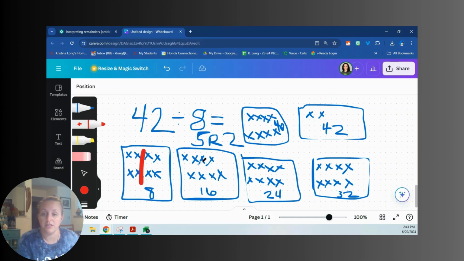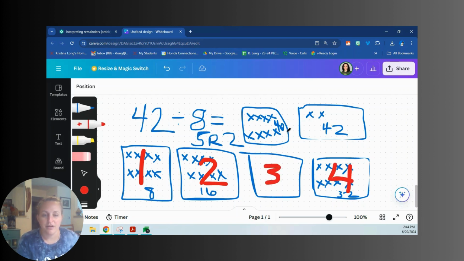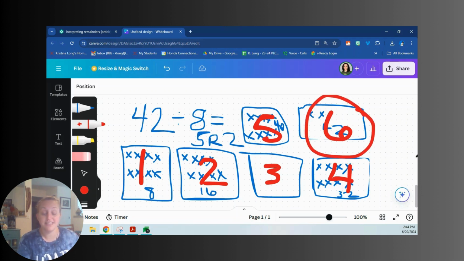We need 1, 2, 3, 4, 5, 6. How many vans did we need? We needed 6 vans to take all of the students to the movie theater.